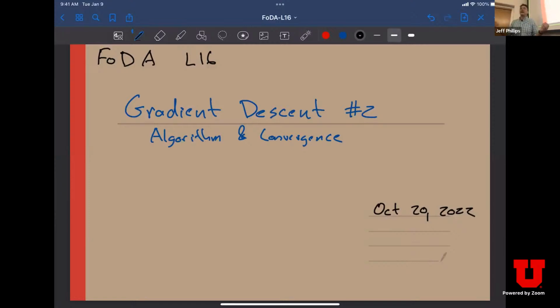It's going to keep getting closer and closer to the right answer, but unless there's really special structure, it's not ever going to actually get there. And so we're going to see how fast it gets there, and we're going to use ideas about convexity to get a sense of how fast the gradient descent algorithm actually works.